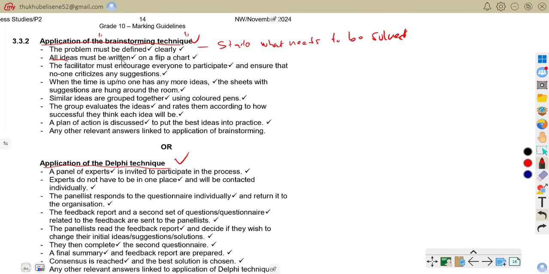All ideas must be written on a flip chart, meaning we have to record all ideas. So write every idea on a board or flip chart. The facilitator must encourage everyone to participate and ensure that no one criticizes any suggestion.